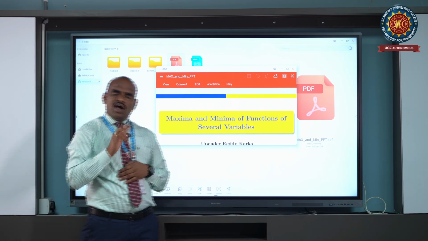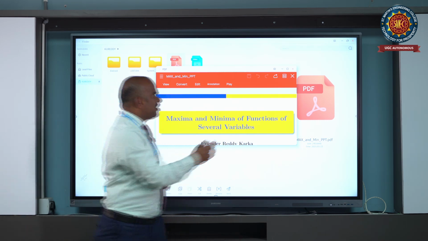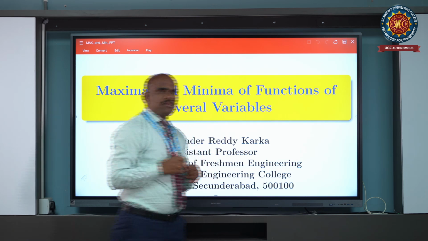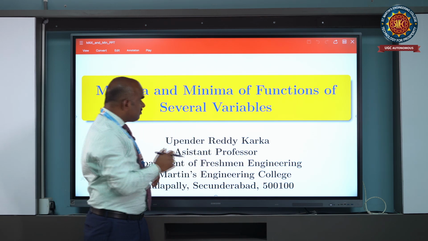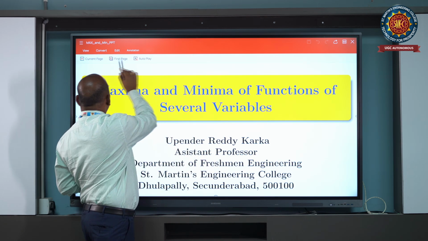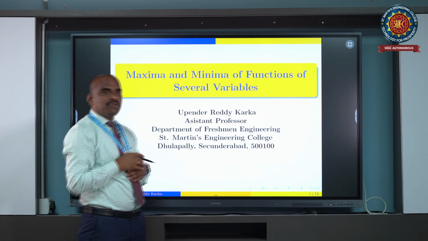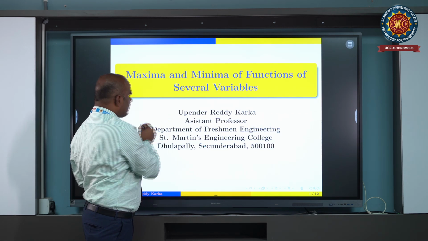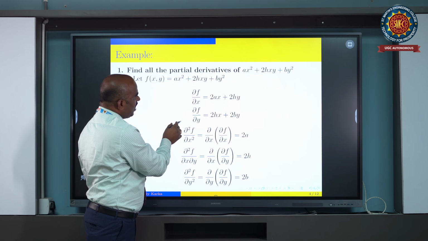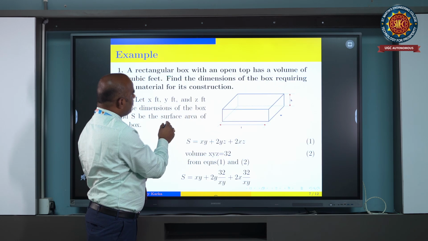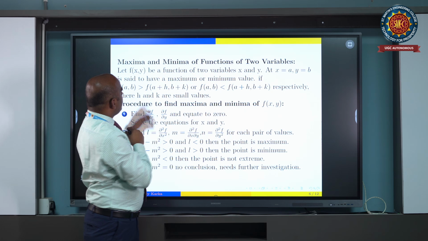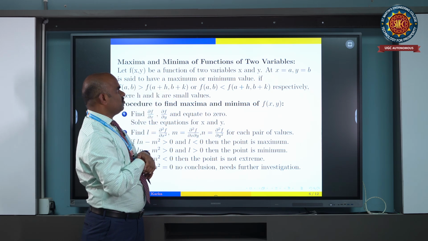For this function, how can we find the maxima and minima? What is the maxima? Maxima is the value of x at which the function attains its maximum in the given interval. So here we consider maxima and minima of functions of two variables.